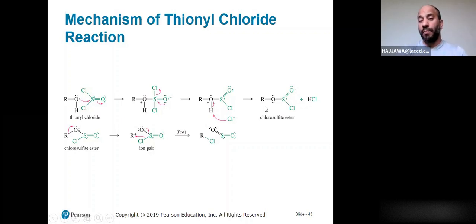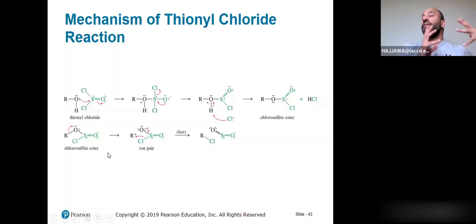What's going to happen next? Well, it's going to be a quick step where most of the time the carbocation is not formed, actually. It will be attacked right away with the Cl minus to end up giving you the alkyl halide. What I mean by that is that this could end up giving you the final product right away. So the Cl minus attacks R to give you the final product.